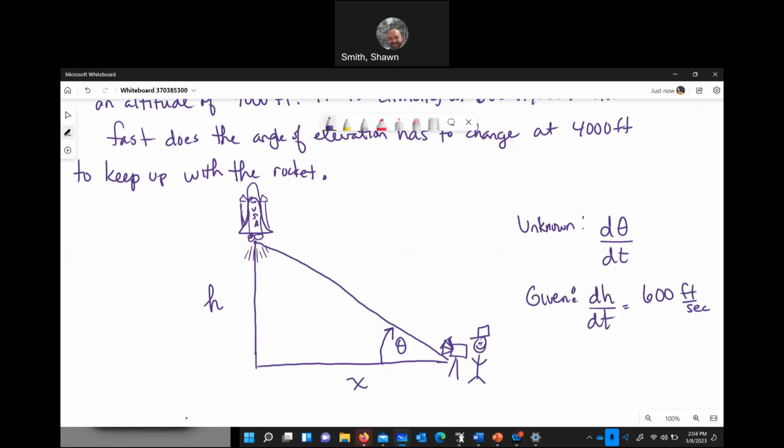We know X specifically in this problem, its distance is 3,000. The height also is given right now, right? H is going to be equal to 4,000, right?